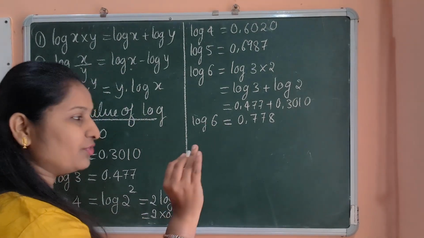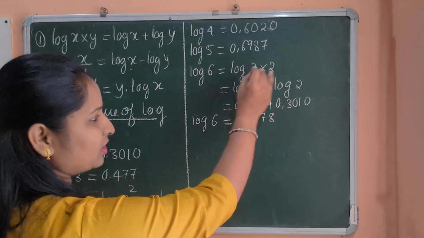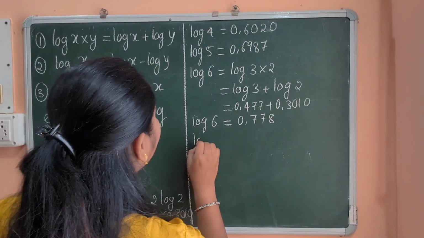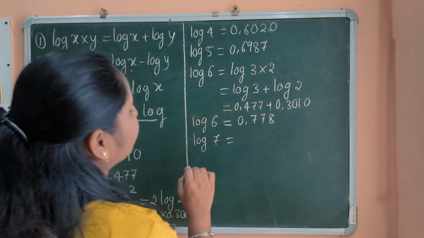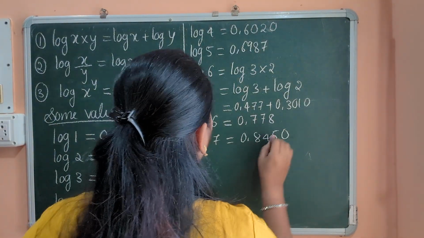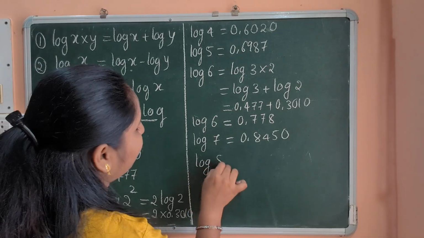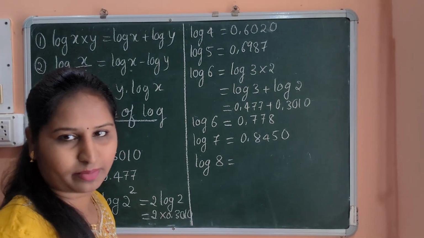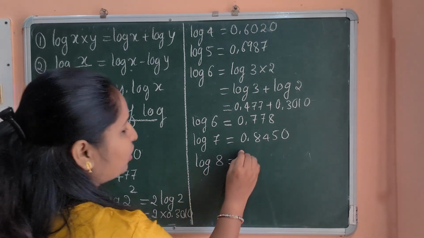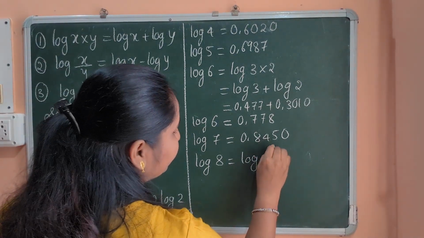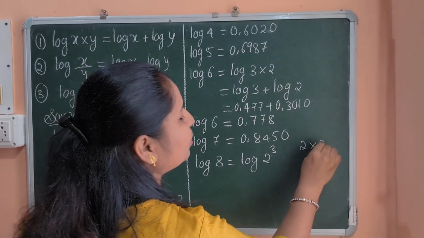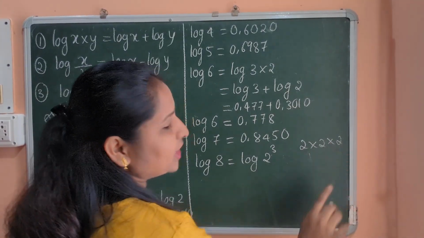This is in case you have forgotten, then you can use this trick so that you can calculate it easily. Then log 7 you also have to learn by heart, because no trick can be used here. It is 0.8450. Then log 8. How to calculate log 8? Suppose I have forgotten the value of log 8 because it's a bigger number. Can you write log 8 as log 2 to the power 3, which is 2 cubed? 2 into 2 into 2 is 8.